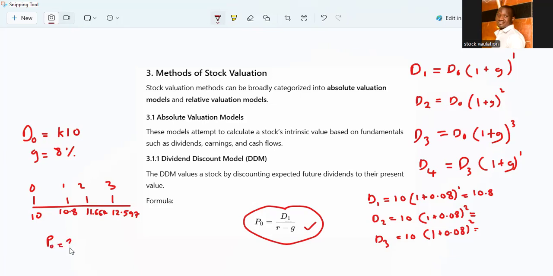If the dividend today is 10 kwacha, and the growth rate is 8%, and the market rate is 18%, that's when we use this formula here. So what do we substitute in this formula? Anyone to help?